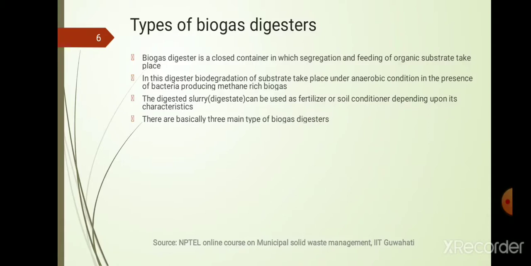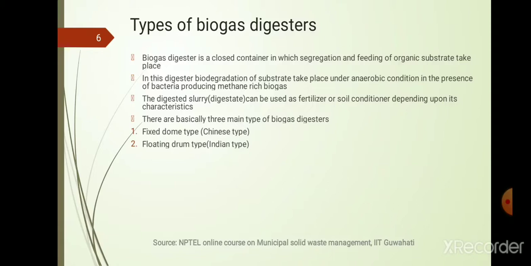So mainly we have three classifications for biogas digesters. Broadly we can classify into three categories. One is the fixed dome type biogas digester. This is also known as the Chinese type biogas digester because it was first used in China. Then we have a floating drum type biogas digester.